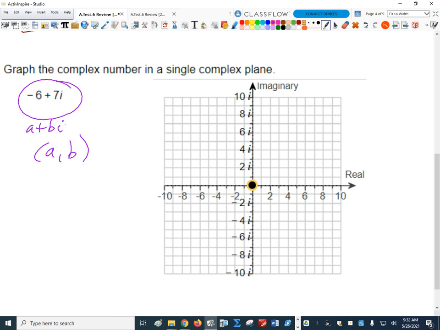So a is equal to -6 and b is equal to 7. So we'd go back 6 and up 7. And there it is. Okay, make sense?